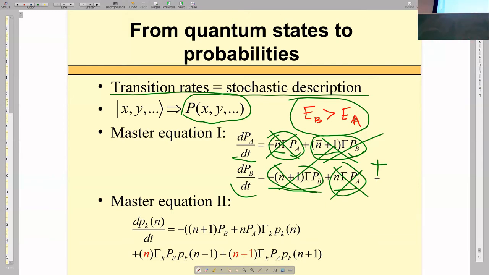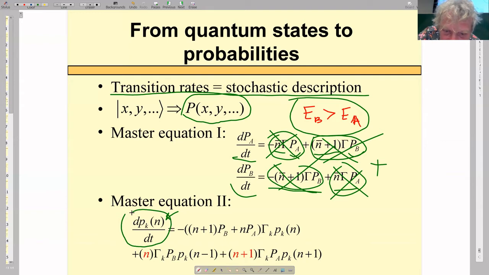We also can be interested in the specific mode. What is the distribution of photons in a specific mode? And what's the parameter for the specific mode? Just number of photons in this mode. So we have a similar equation.